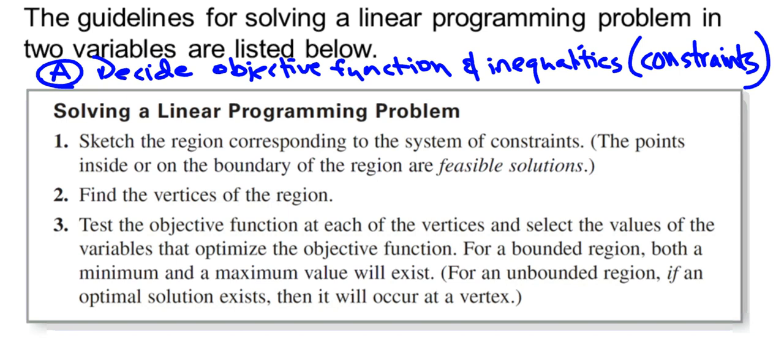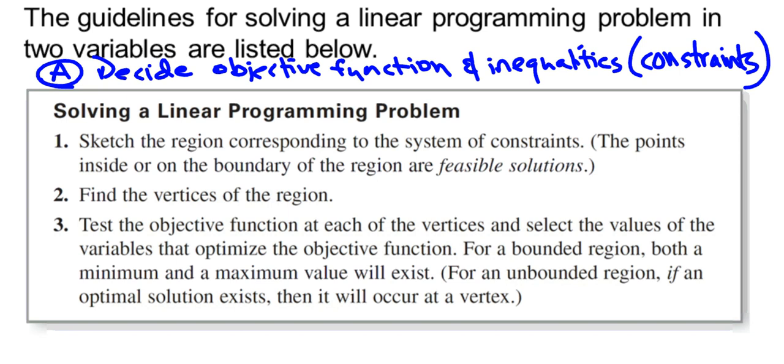So the first thing you have to do is decide on an objective function and inequalities to match your constraints. And once you do that, then you're going to solve the linear programming problem in this way. You're going to sketch the region that corresponds to the system of constraints. The points inside or on the boundary region are the feasible solutions.